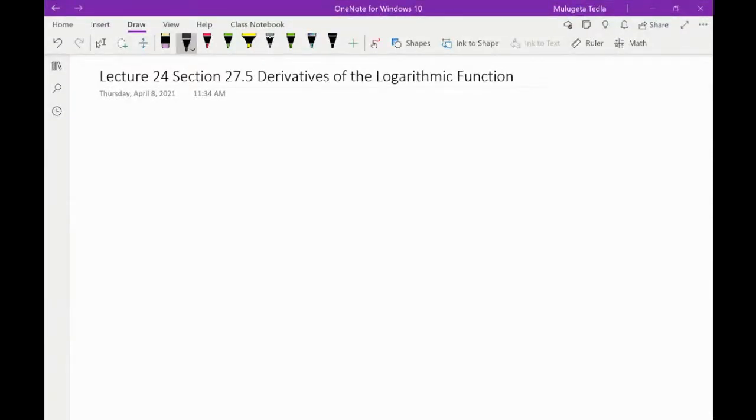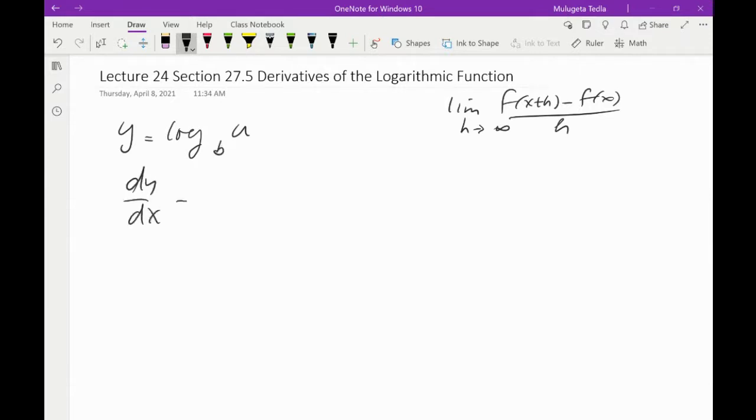So if you do the definition, like the limit of f of x plus h minus f of x over h, for y equal to log of u to the base b, then dy by dx would be simply 1 over u log of e to the base b du by dx.